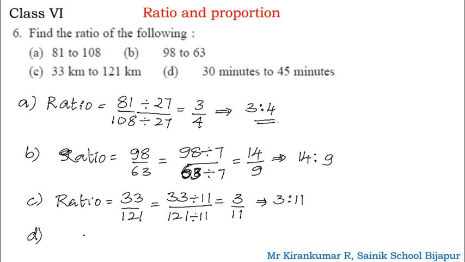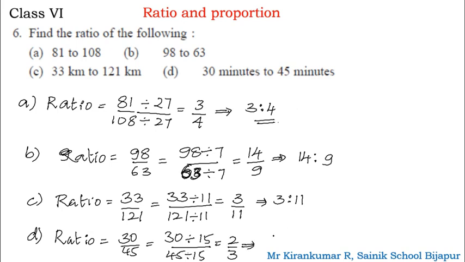The fourth one is 30 minutes to 45 minutes. The ratio is 30 by 45. These two numbers are divisible by 15. If you divide, we get 2 by 3. So the required ratio is 2:3.